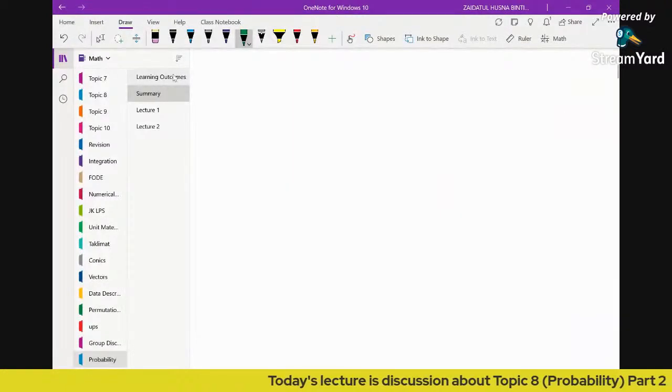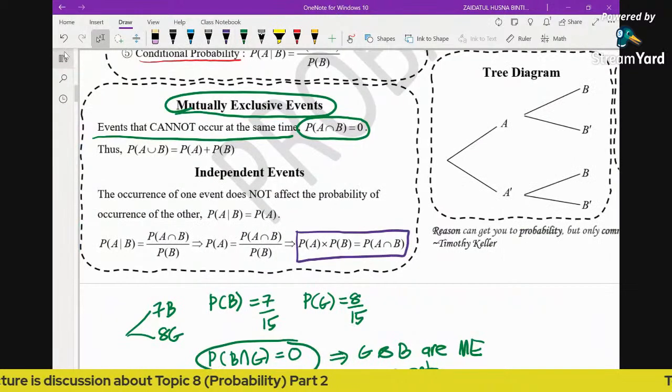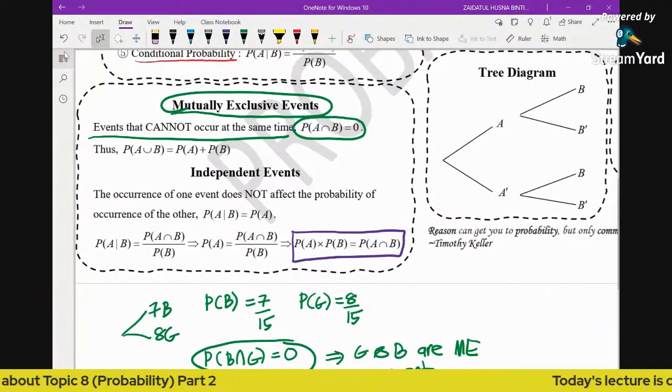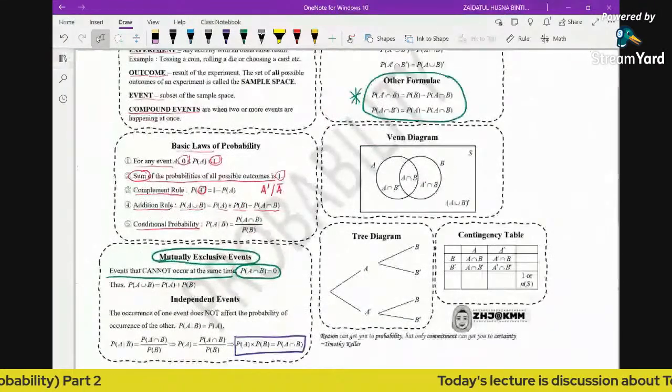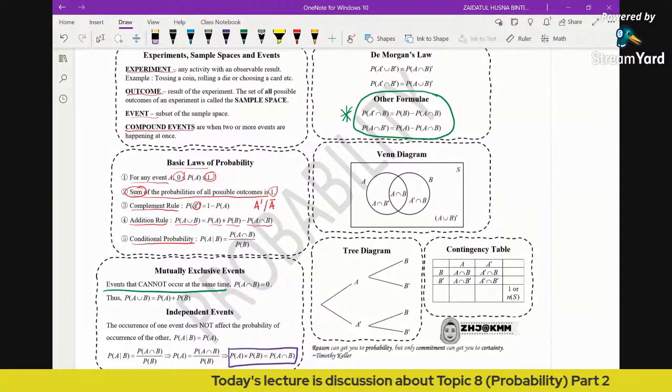Table of outcome. So basically these are all about topic 8.